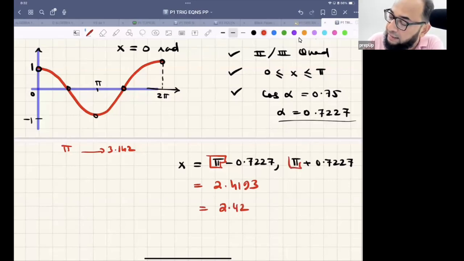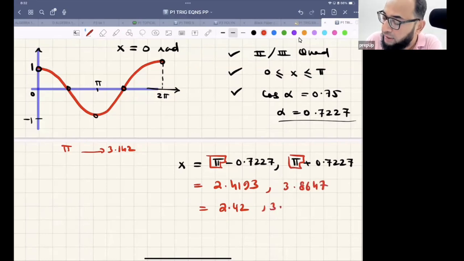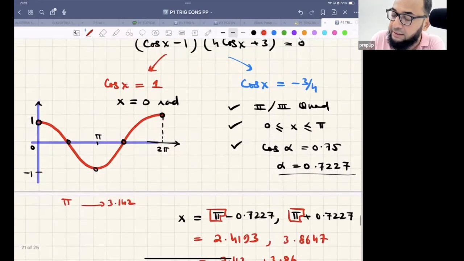And 3.142 plus 0.7227 comes out to be 3.8647, which is 3.86. So this is the answer.